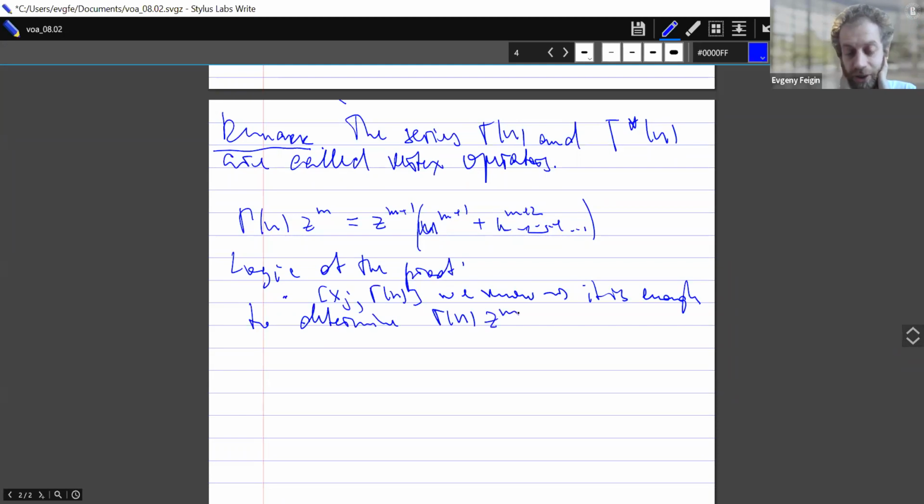Yes, because all other terms are obtained via this commutator.